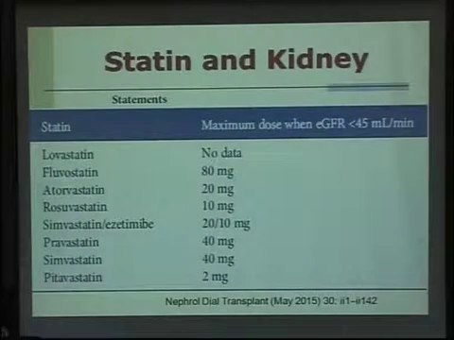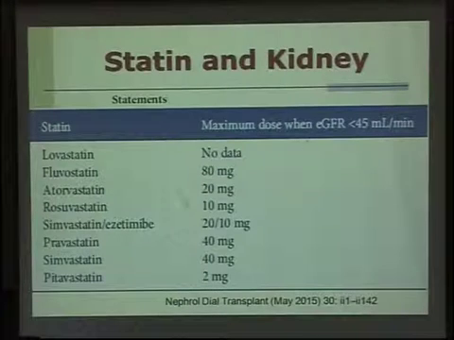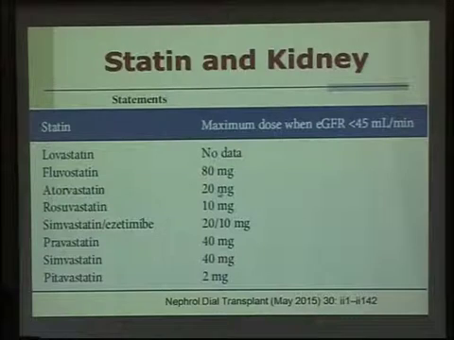One of the most important messages: if you like to use statin in chronic kidney disease, and I recommend the usage of statins so long as the patient is not on dialysis, be careful because there is a drug dosage modification. Suppose your estimated GFR is 45 ml per minute, the maximum dose of atorvastatin, for example, is just 20 milligrams.